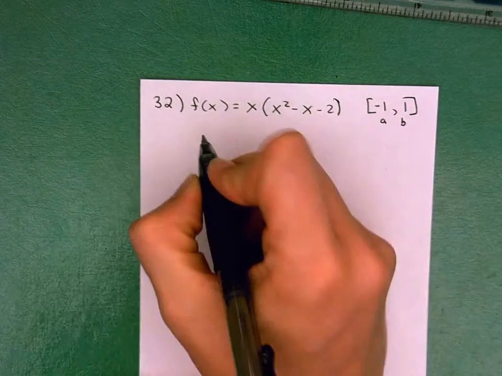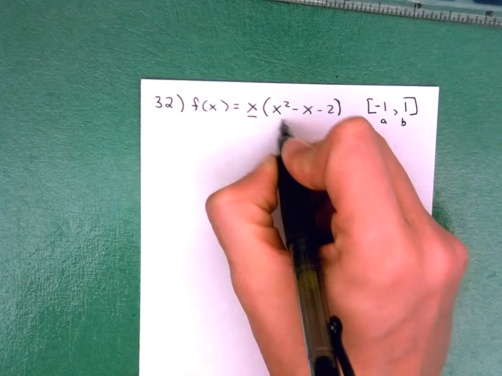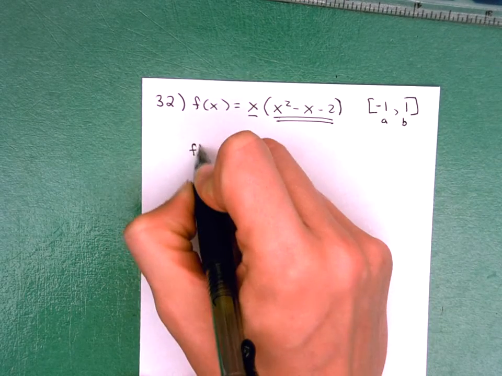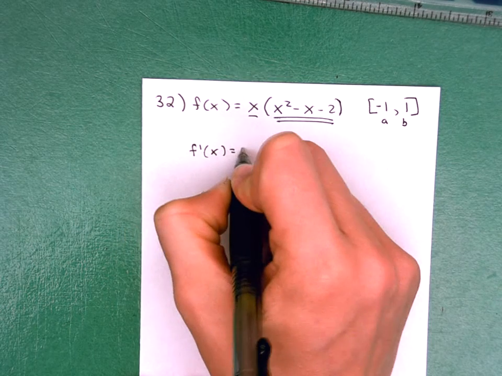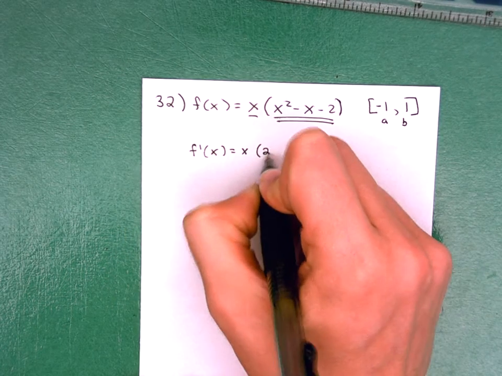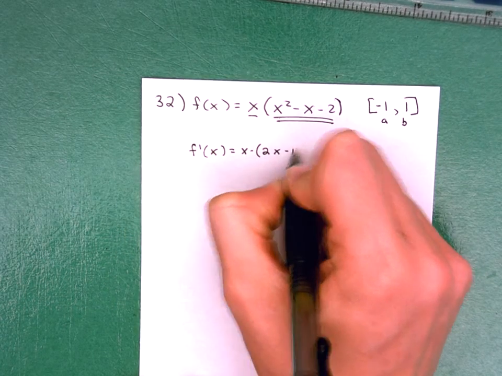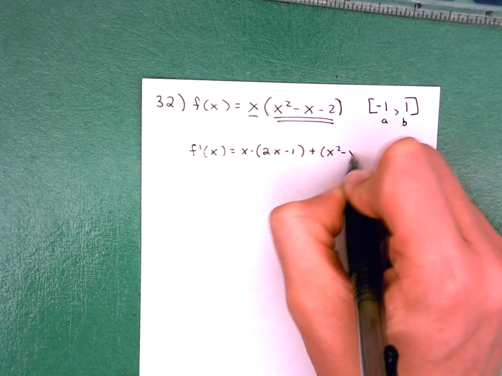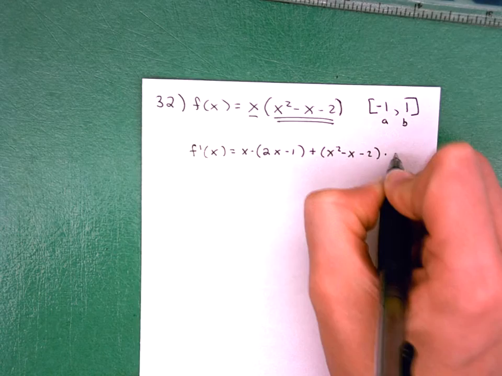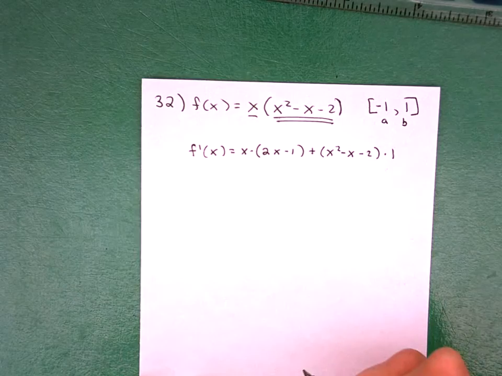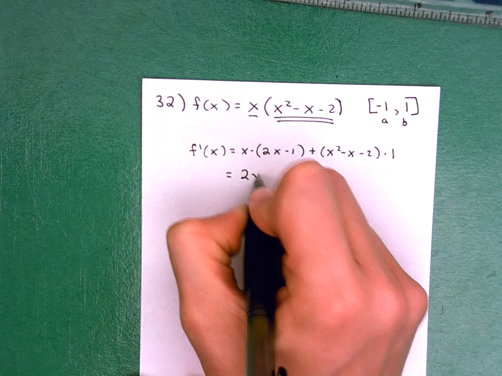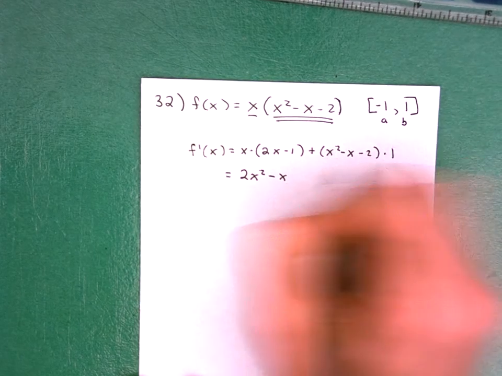And when I take the derivative, I'm going to go ahead and do product rule here, although you could distribute in. We've got 1 d2, which is 2x minus 1, plus 2 d1, which will just be 1. And so distributing that x in, we get 2x squared minus x.